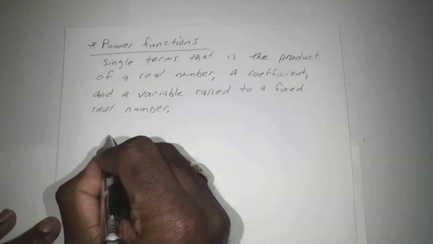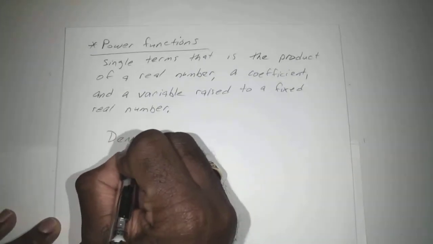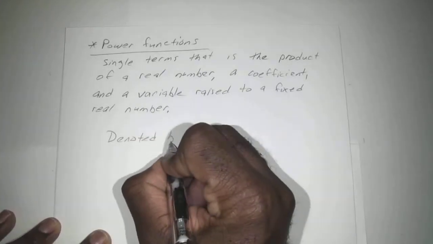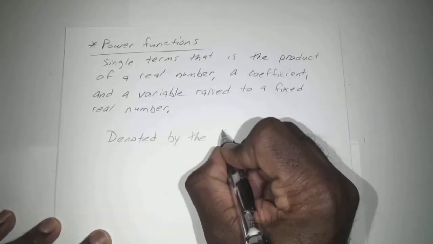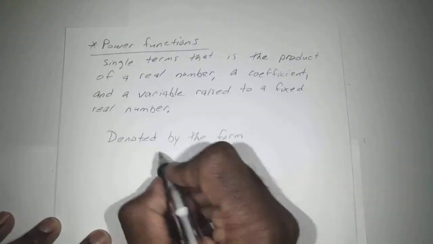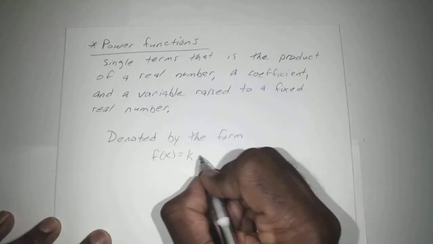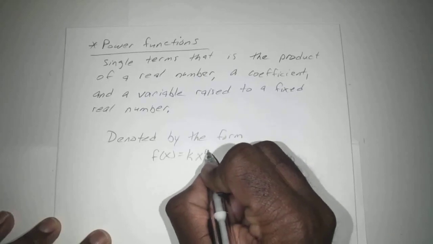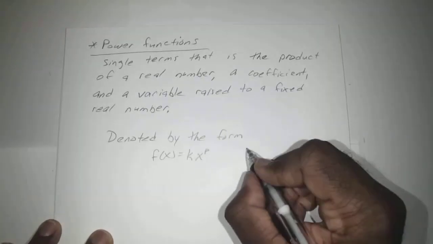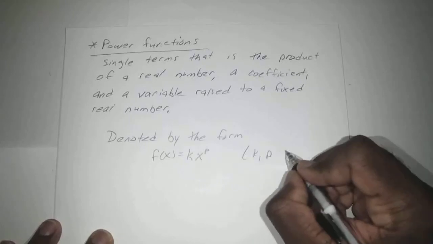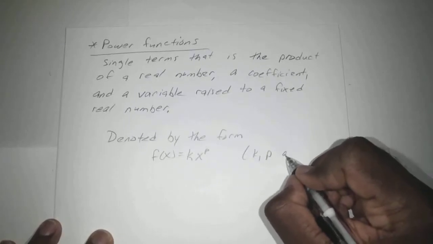Okay, so a power function is more of the form f of x equals, let's say, some number k times x to the power of p. k and p are constants.